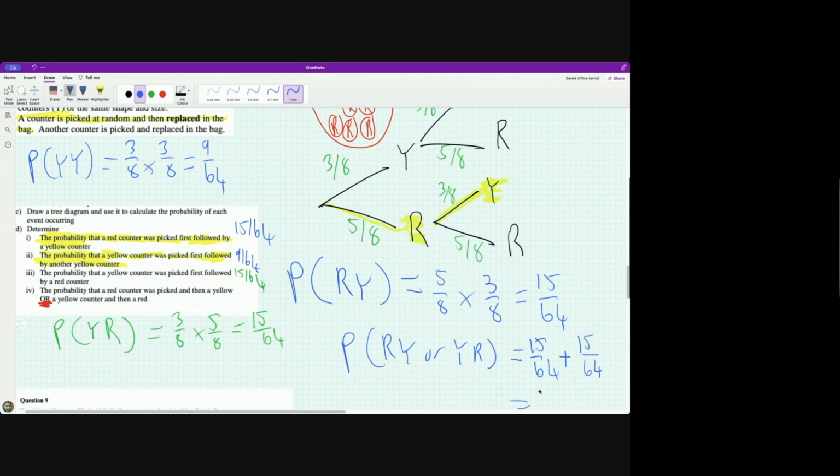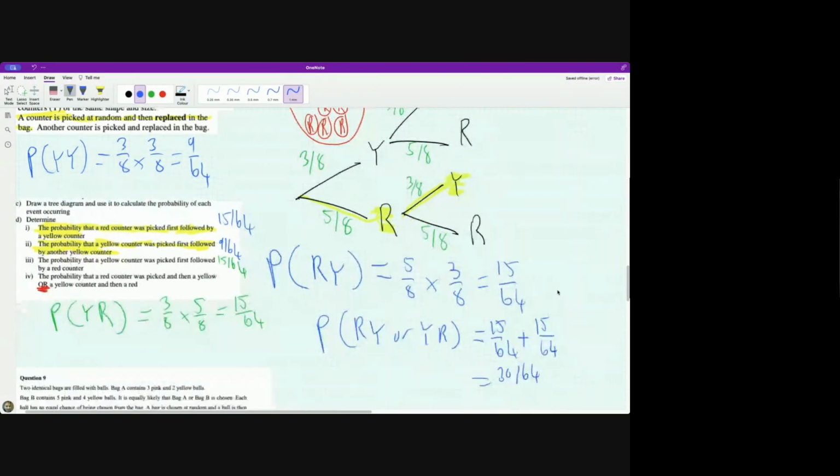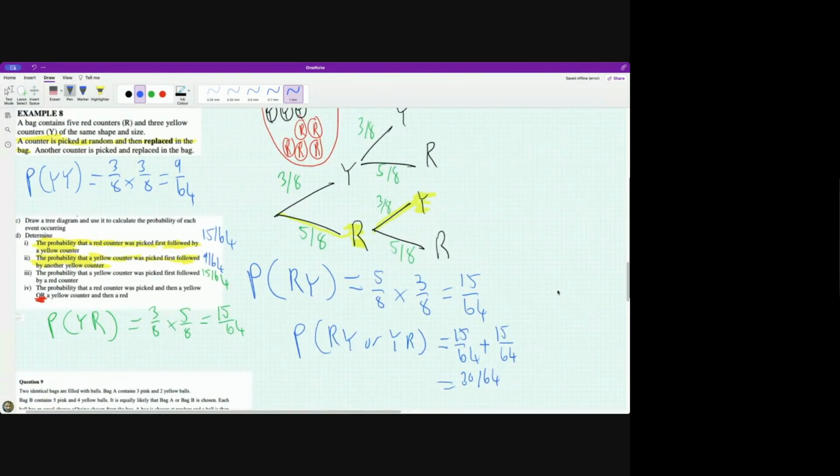And so what we're then going to get is 30 out of 64. So basically, all you needed to do was add the two branches together. You get the answer for the one, you get the answer for the other, and you just add them together. And you get 30 out of 64.